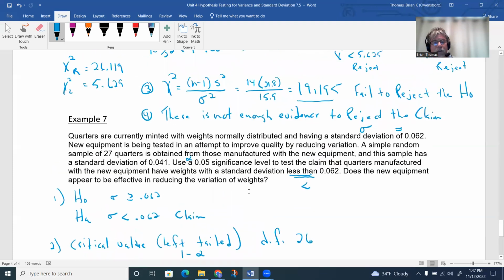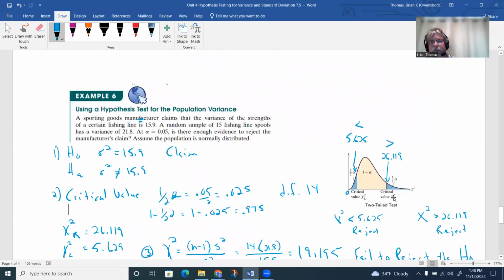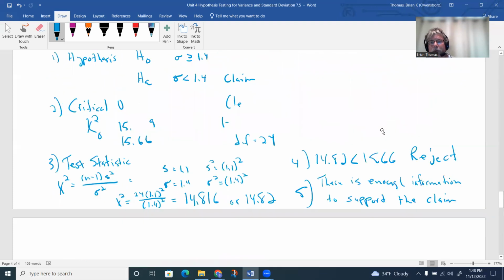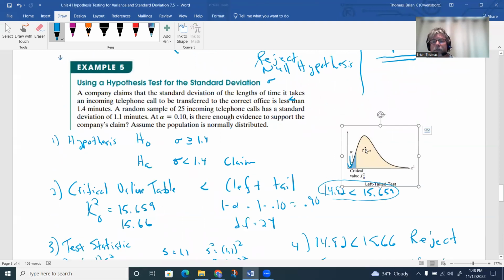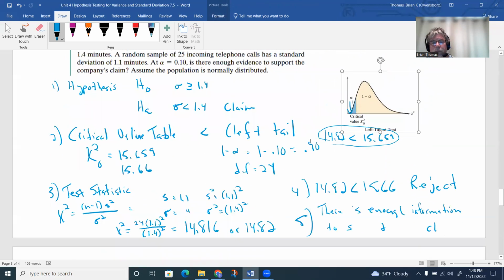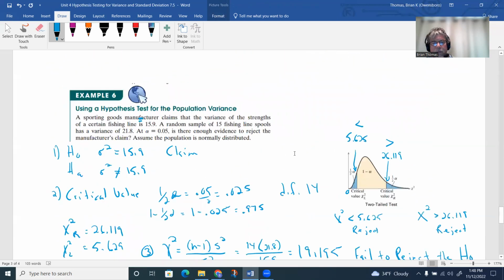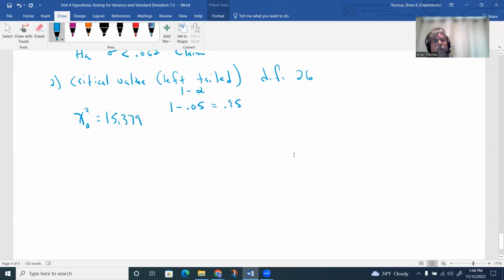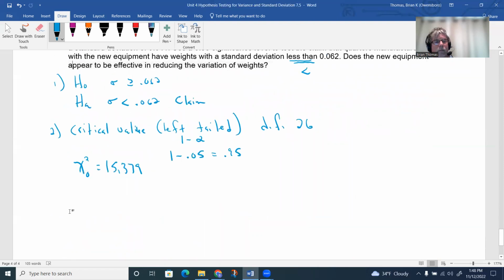Again, since we said this is left-tailed, we need a left model. This one here looks left-tailed. Let me find my little guy here.